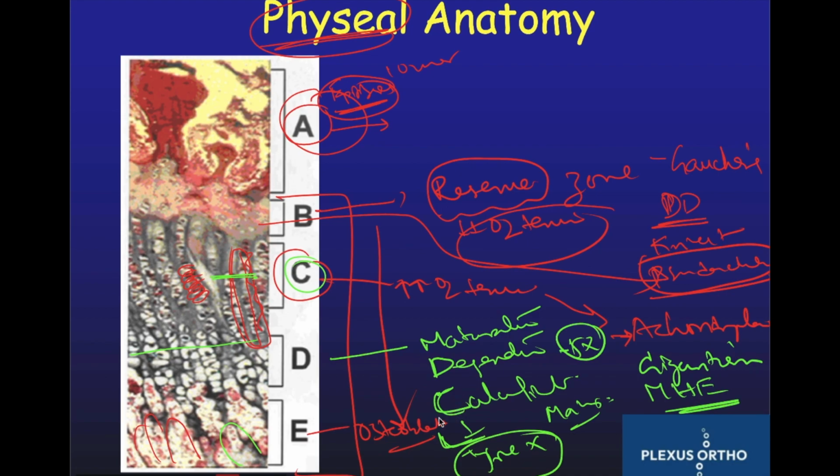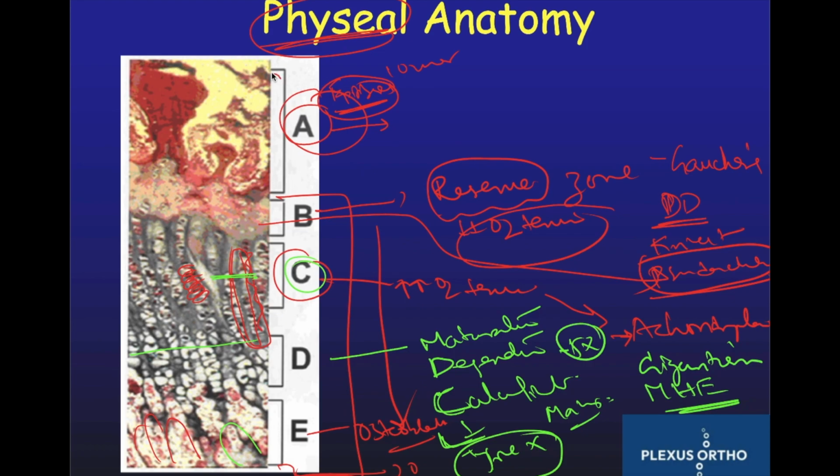So this is the primary spongiosa. Below this, towards the metaphysis, is the secondary spongiosa. Secondary spongiosa is where the bone gets remodeled and actually becomes the bone that we see in adults, or the bone that we see in the metaphysis and the shaft. This is called the secondary spongiosa.